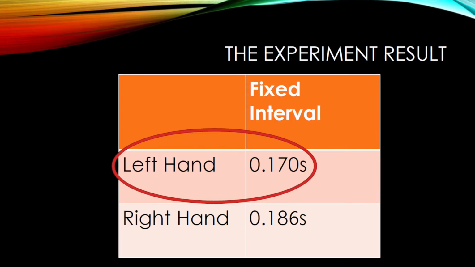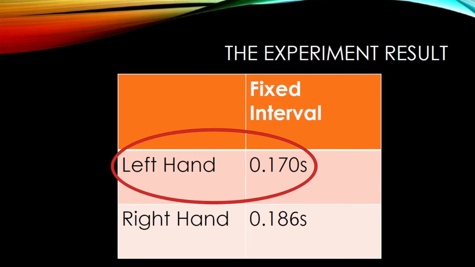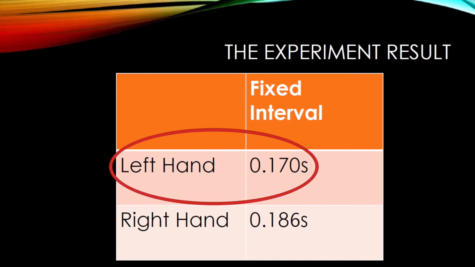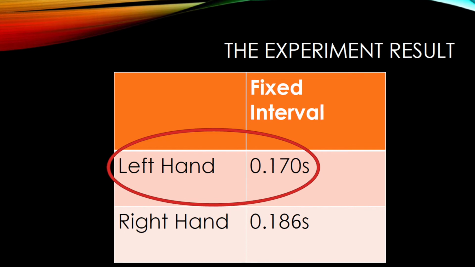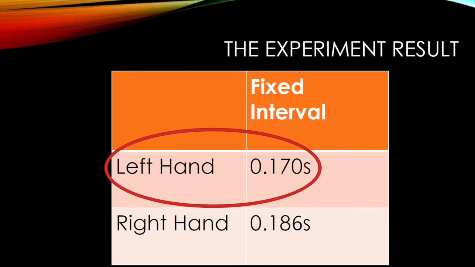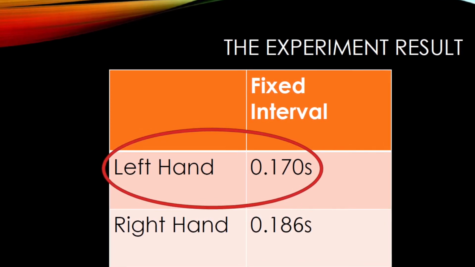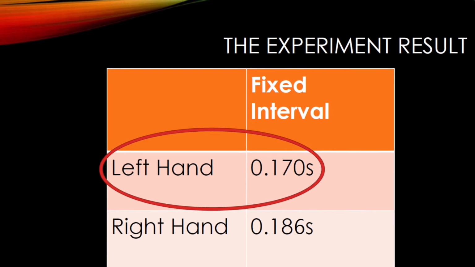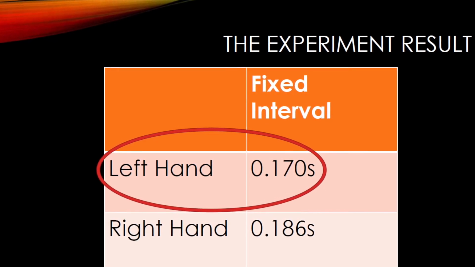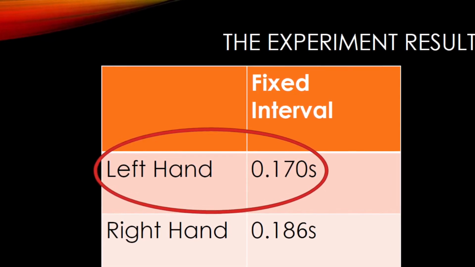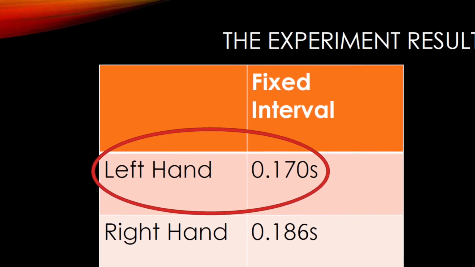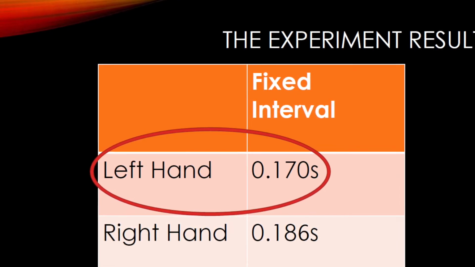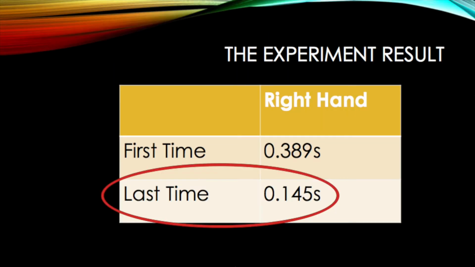Third, the left hand with fixed interval is faster than the right hand with fixed interval, such as the right hand fixed interval of 0.186 second spends more time than the left hand fixed interval of 0.170 second.